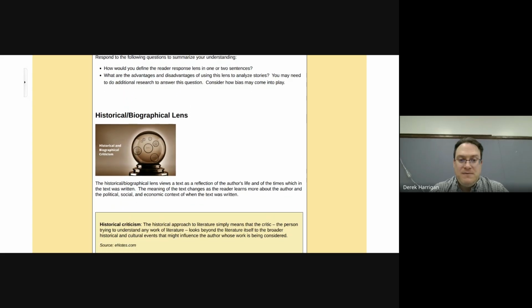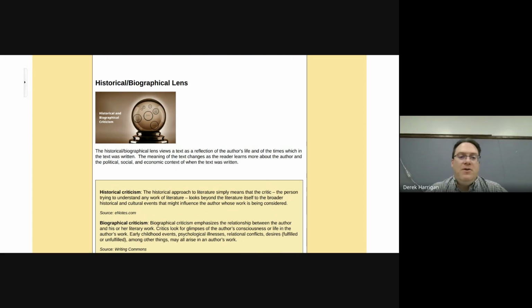The second lens is called the historical or biographical lens. This is where we use the life of the author or the time period in which the story or the movie was written or made in order to better understand the story.